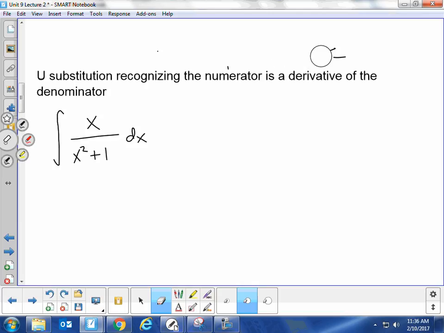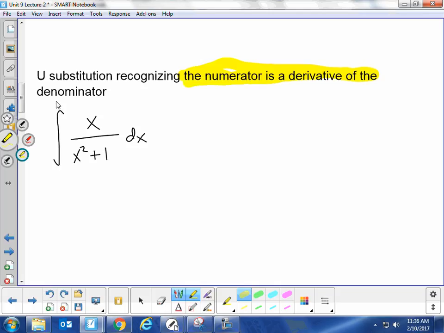There will be some, and you just have to recognize this, where the numerator of a fraction is the derivative or a version of the derivative of the denominator. Notice this fraction, x over x squared plus 1. You cannot simplify this. You cannot put x over both of them.